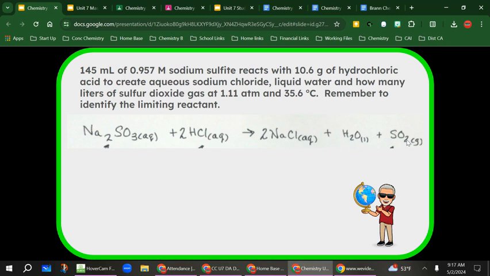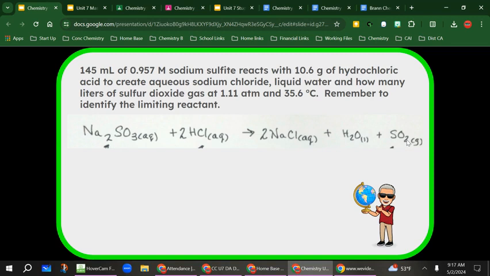The 3 products: aqueous sodium chloride, NaCl, aqueous; liquid water, H2O with an L after it; and sulfur dioxide gas, SO2 with a G after it, ladies and gentlemen. Okay? So now you have your balanced chemical equation.